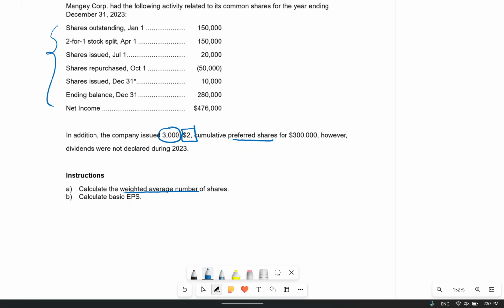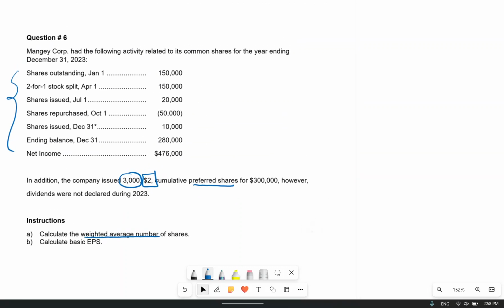The dividend per share is $2. So before we can calculate my earnings per share, I needed to calculate my weighted average shares outstanding.